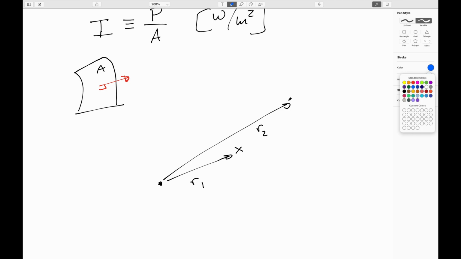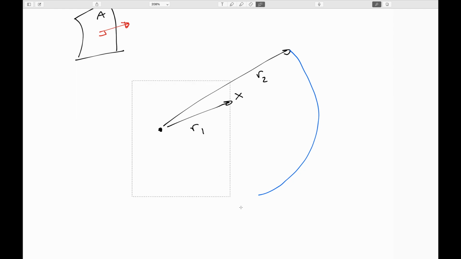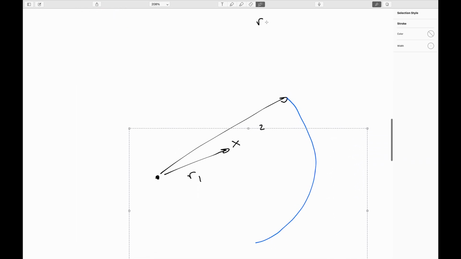Now the sound waves are going to be spherical. I should probably have moved the whole thing down a bit, so let me do that.